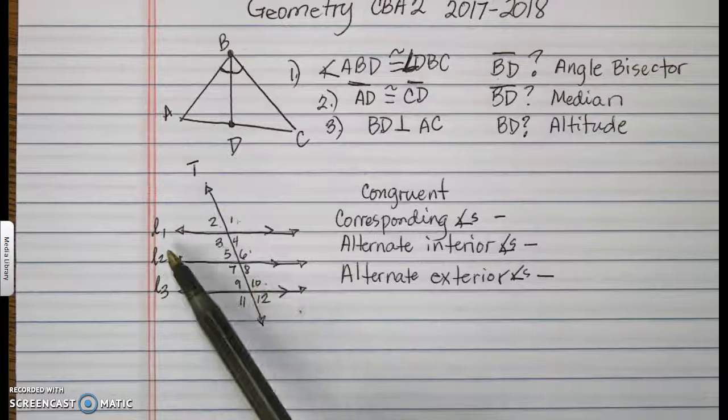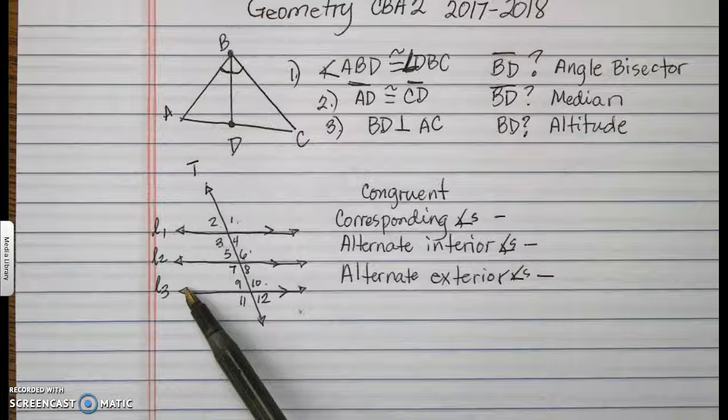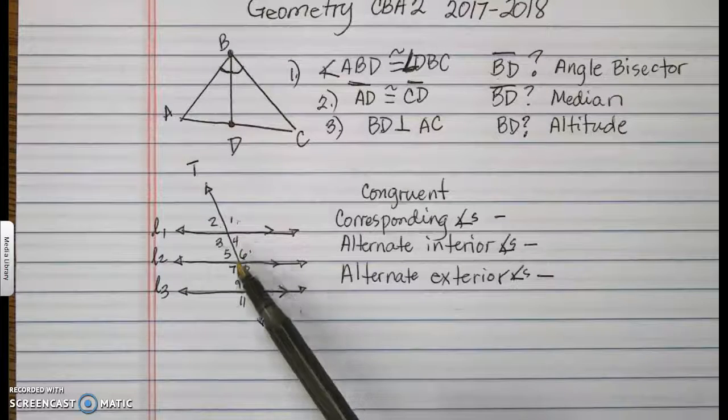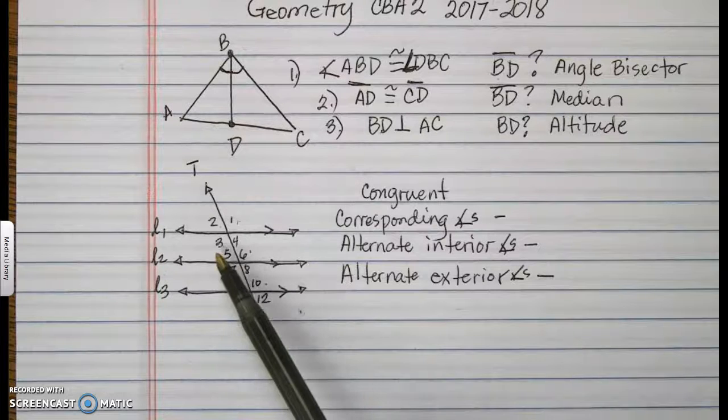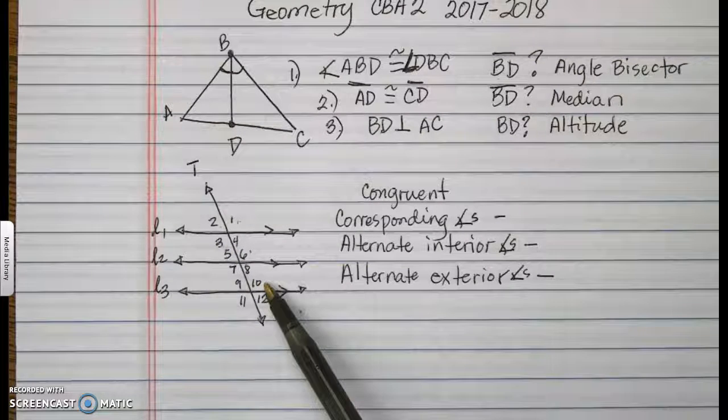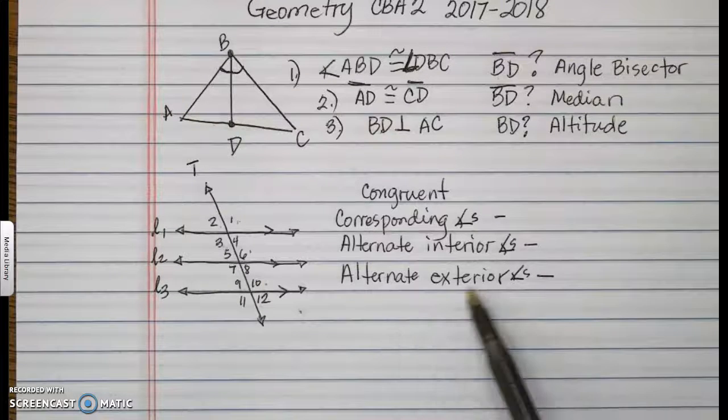And now, lines 1 and 3 are also alternate interior, and those are 4 and 9. They're congruent. 3 and 10, they are congruent.